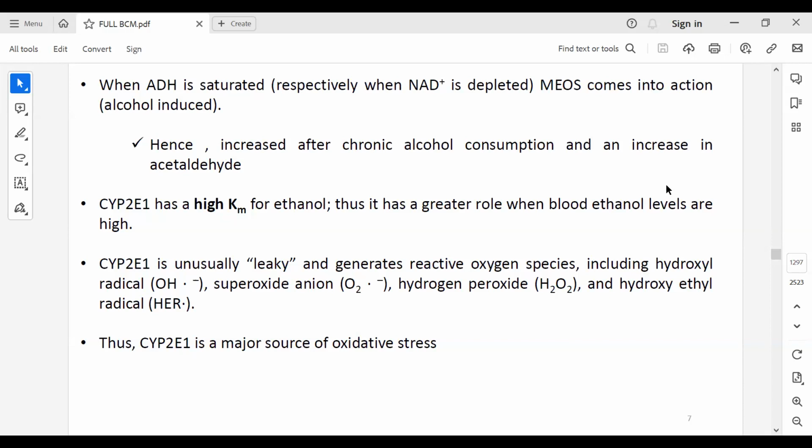So that's where the microsomal enzymes come in, the cytochrome P450. But to use the cytochrome P450, especially CYP2E1, since it has a higher Km for ethanol, there has to be a higher level of ethanol for it to oxidize this into acetic acid. But of course, it also generates reactive oxygen species.